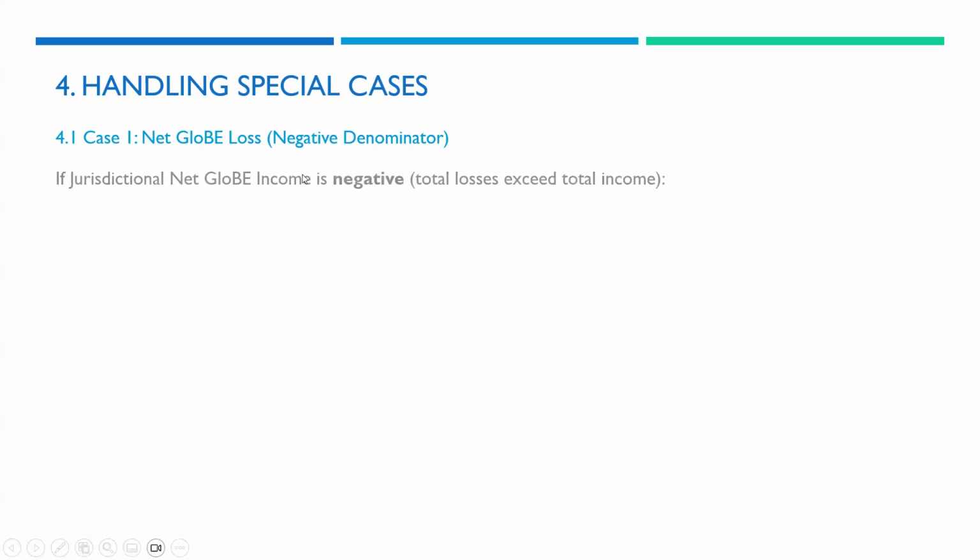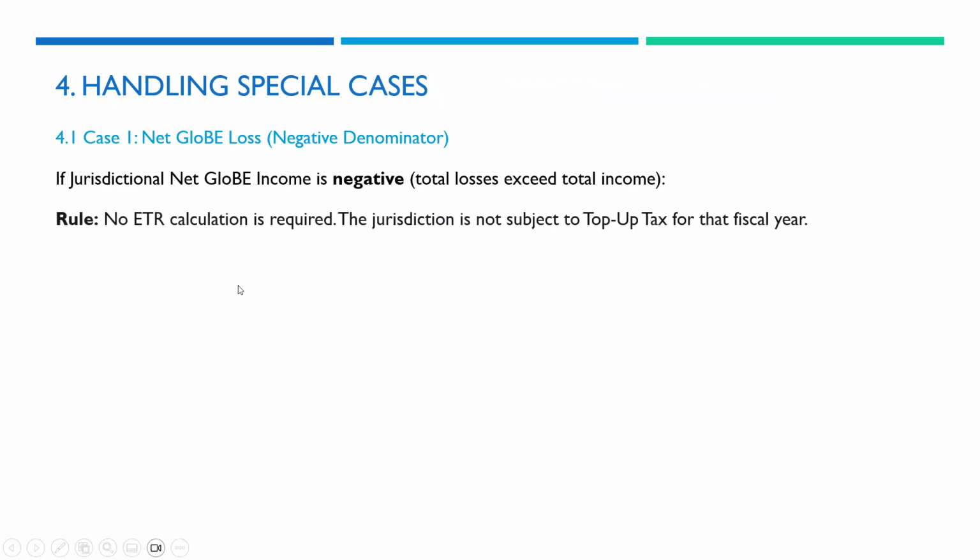If you have a negative denominator, then no ETR calculation can be done, because you can't do any calculation. So the jurisdiction is not subject to top up tax for the fiscal year, because if the total is a loss, then there is no need of any taxes. So if the jurisdictional denominator is negative, then that jurisdiction is not coming under top up tax. Okay, very key rule.